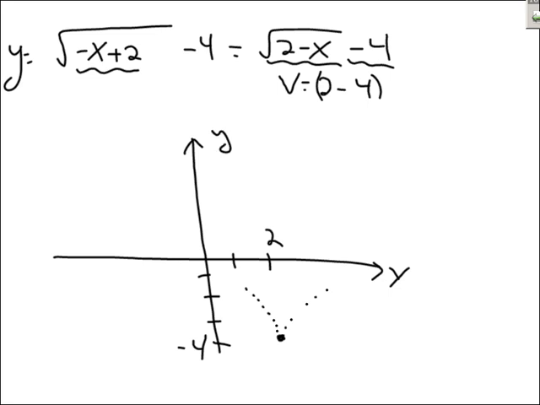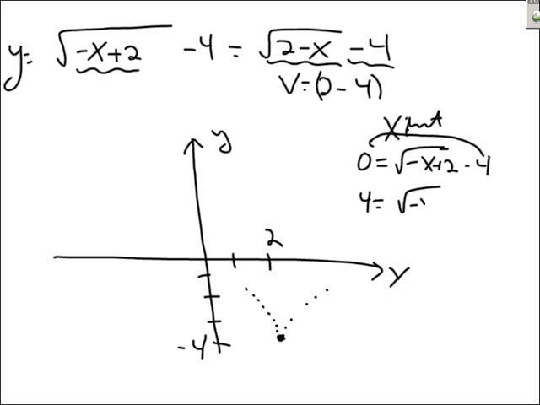Which means I have to find the x-intercept. The x-intercept means y is 0. So 0 is equal to this square root stuff minus 4. I bring the minus 4 to the other side, and I get the square root of negative x plus 2 is 4.